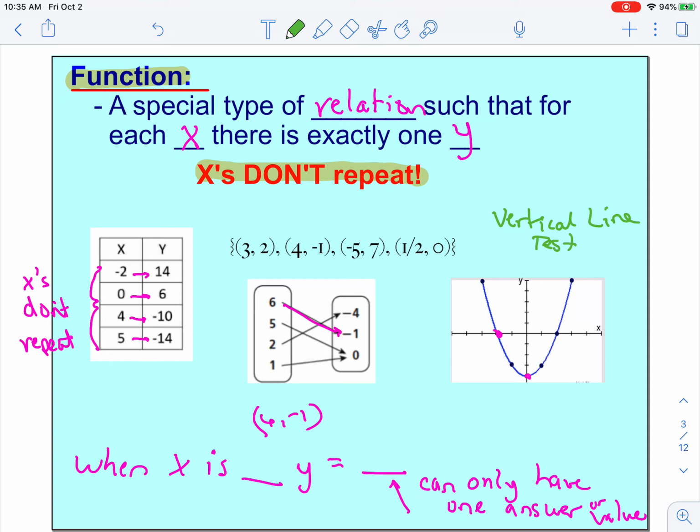If you're looking at a graph, if your X has only one Y value associated with it, it will pass the vertical line test. But if you ended up having 2 points on a vertical line, it would not be a function.